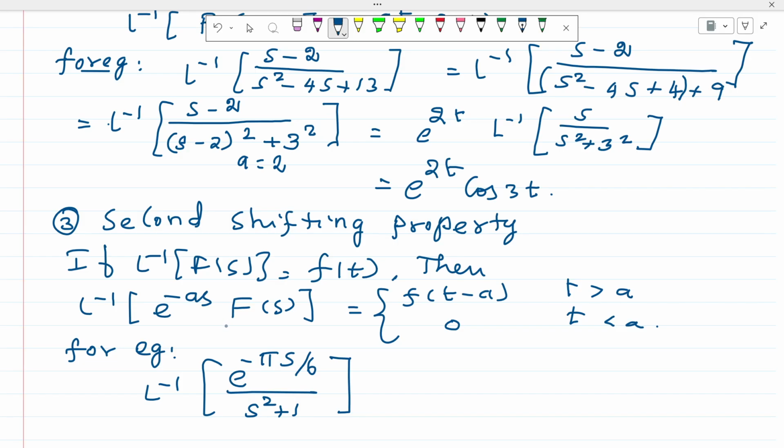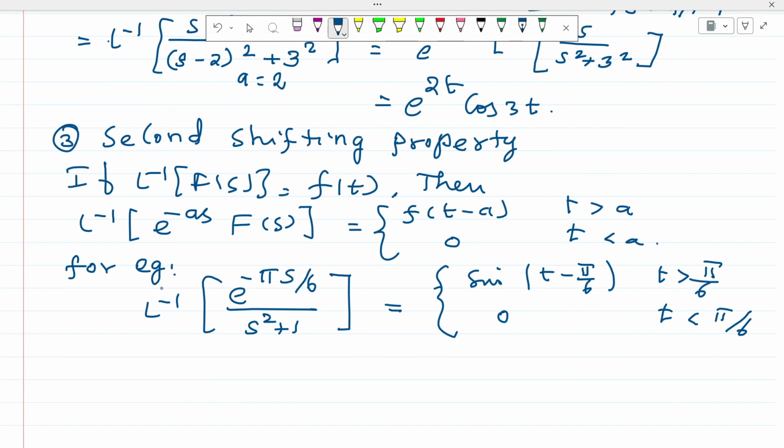So it can be written as f of t minus a. What is f of t here? 1 by s square plus 1, sin t is f of t. Therefore this can be written as sin of t minus pi by 6 when t is greater than pi by 6, and 0 when t is less than pi by 6. Actually, this type of problems are MCQ problems.